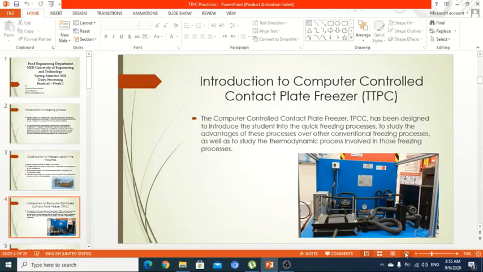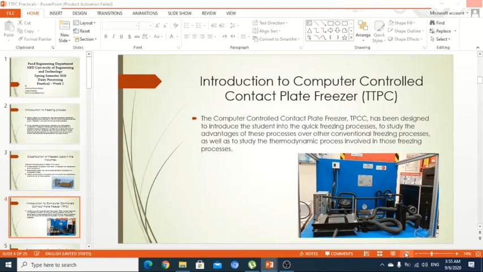So in fact in this unit we can reduce the temperature of any body up to even lower than minus 35 degrees centigrade.